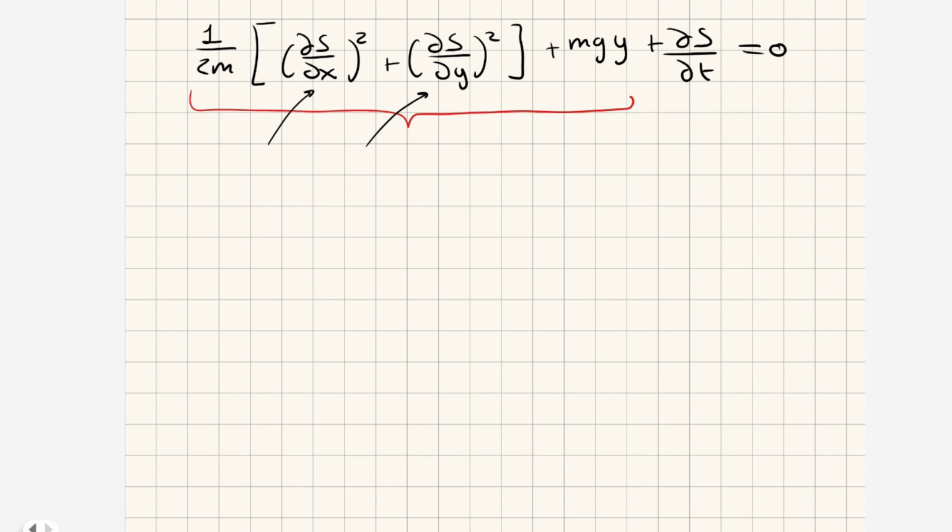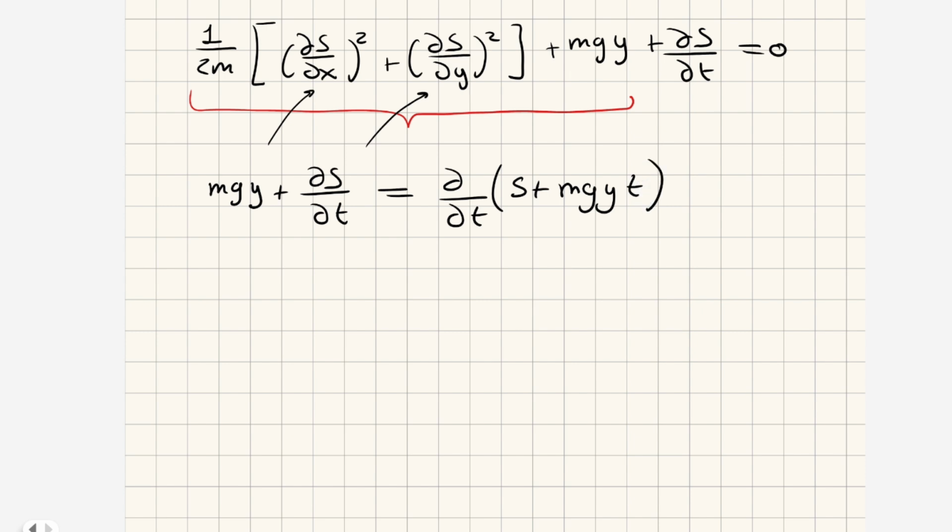So what we are going to do now is to solve this equation with a different method. Okay, we are going to make a change of variable in this equation by noticing that we can express the quantity mgy plus the partial of s with respect to time as the partial of the quantity s plus mgyt with respect to time, right?